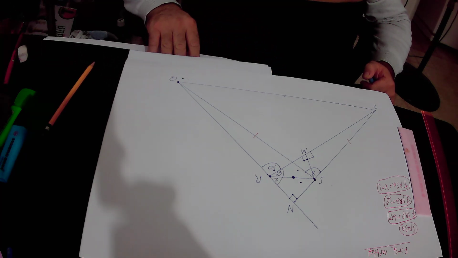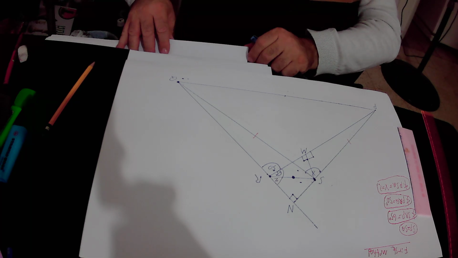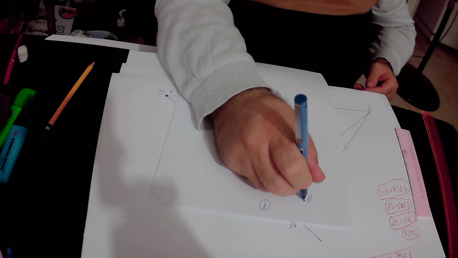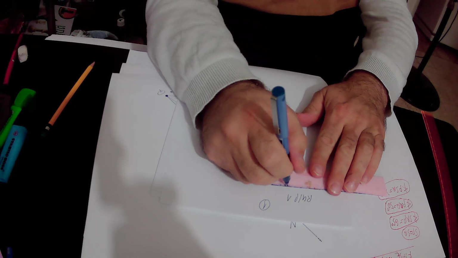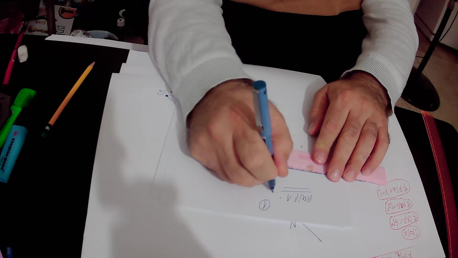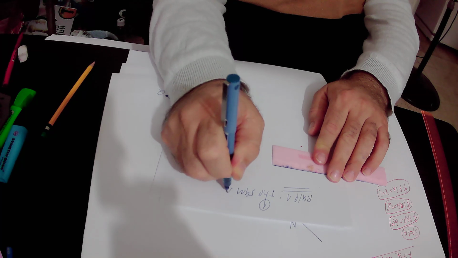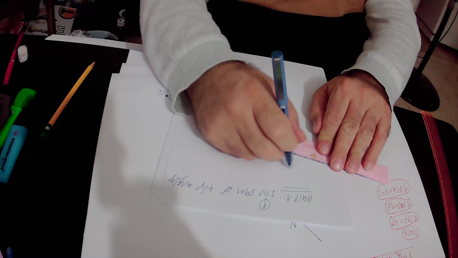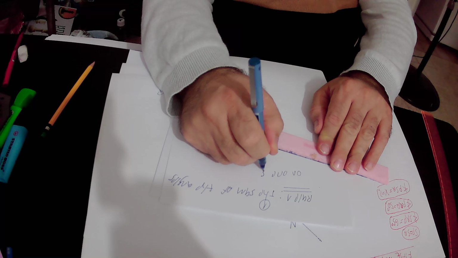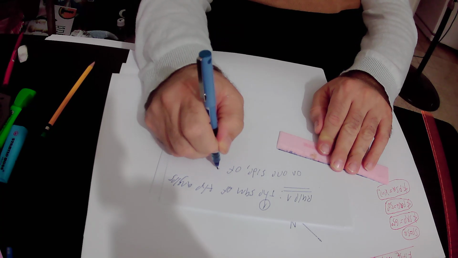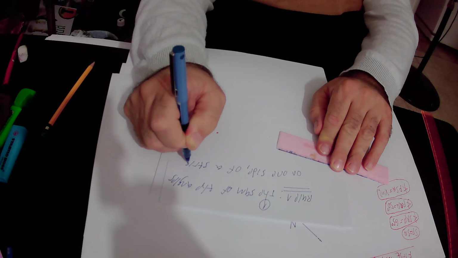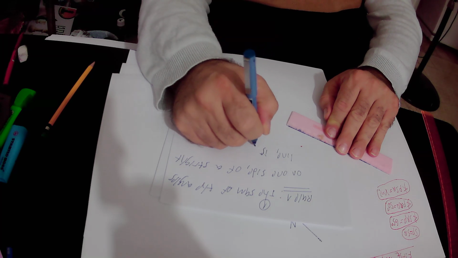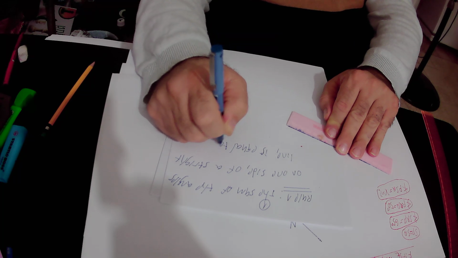We actually have a rule number 1. Rule number 1 states that the sum of the angles on one side of a straight line is equal to 180 degrees.